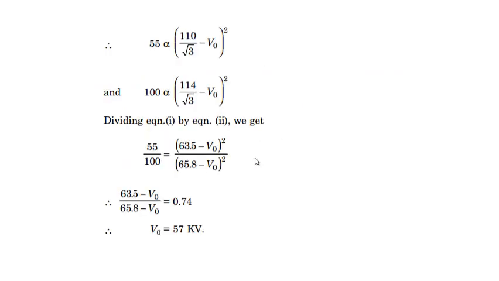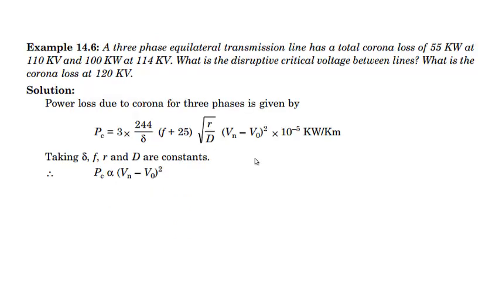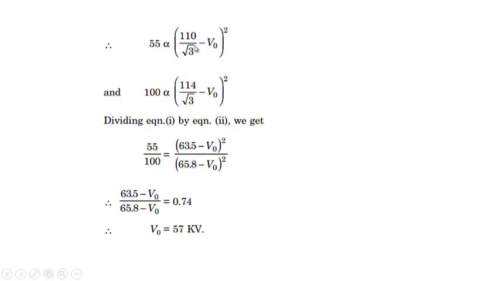So for the first condition, that is 55 kilowatt at 110 kV, it is usually the three-phase voltage, but in the formula it is the phase voltage. So 55 is proportional to 110 divided by root 3 minus V naught whole square. This is equation 1. And for the second, 100 is proportional to 114 divided by root 3 minus V naught whole square. This is equation 2.